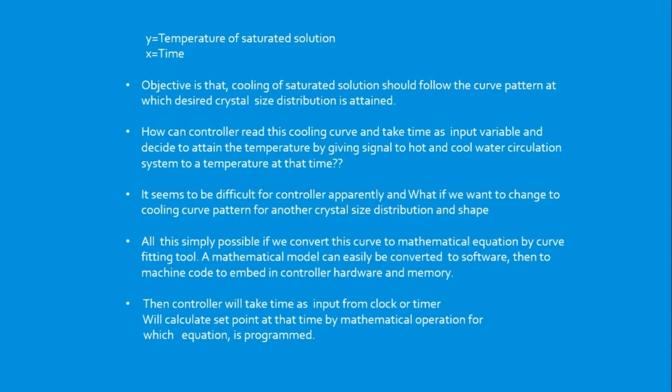How can the controller read this cooling curve, take time as input variable and decide to attain the temperature by giving signal to the hot and cold water circulation system to a temperature at that time? For the controller, it seems to be a difficult task, apparently, and what if we want to change the cooling curve pattern for another crystal size distribution and shape, then what will happen?